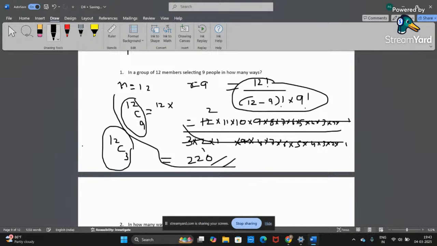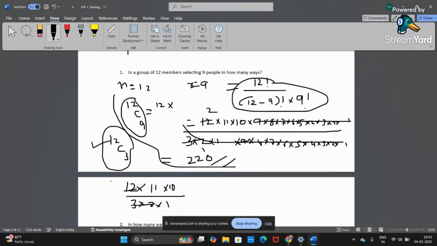Okay, now let's use this one. What is your 3? So you have to write next 3 numbers including 12: 12 into 11 into 10, divided by 3 factorial, that is 3 into 2 into 1.